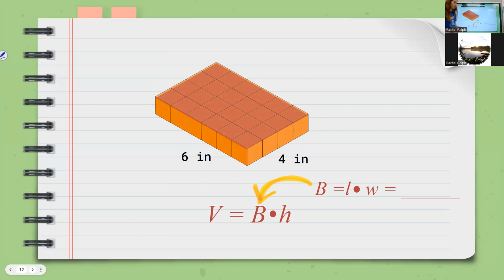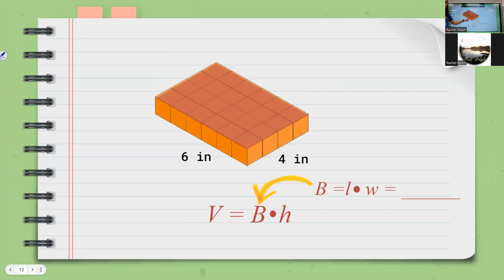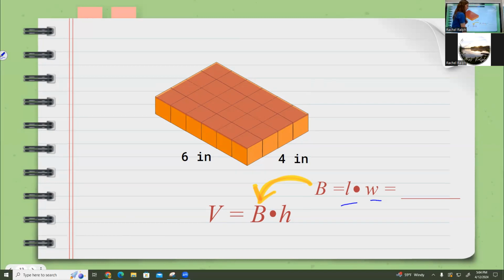This base is our area of the base here. Area of the base is B. We can find B, our length times our width. 6 times 4 is 24 inches squared. That is the area of our base.